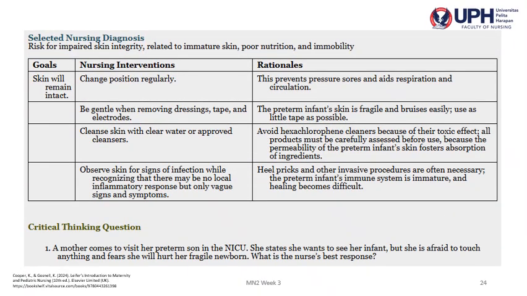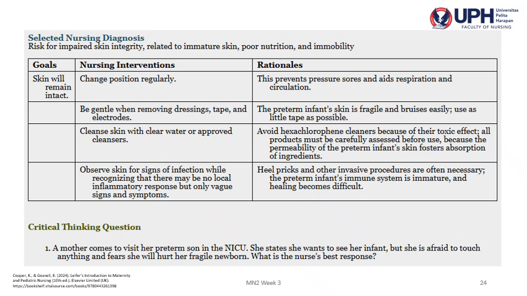Another nursing diagnosis that can be taken is the risk for impaired skin integrity related to immature skin, poor nutrition and immobility. And here we try to keep the skin intact because a wound that happens to the baby is hard to heal or takes a longer time to heal in a premature baby than in a term baby.